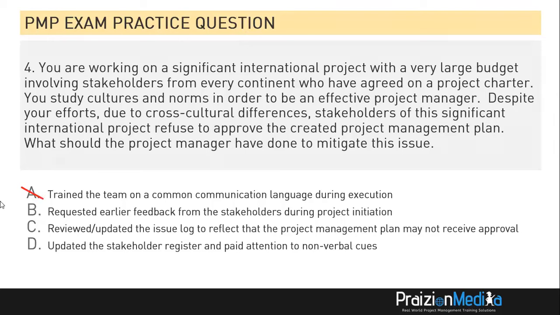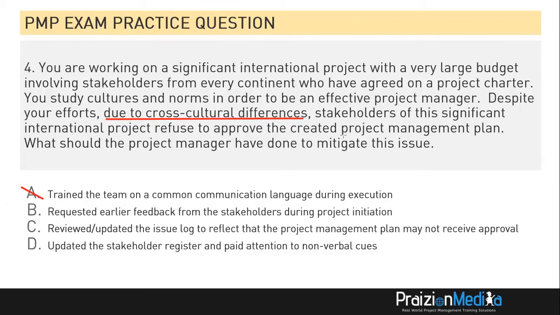B, requested earlier feedback from stakeholders during project initiation. Well, let's look at what is happening. It says, who have agreed on a project charter? And then it says, despite your efforts, due to cross-cultural differences, stakeholders refuse to approve the created project management plan.